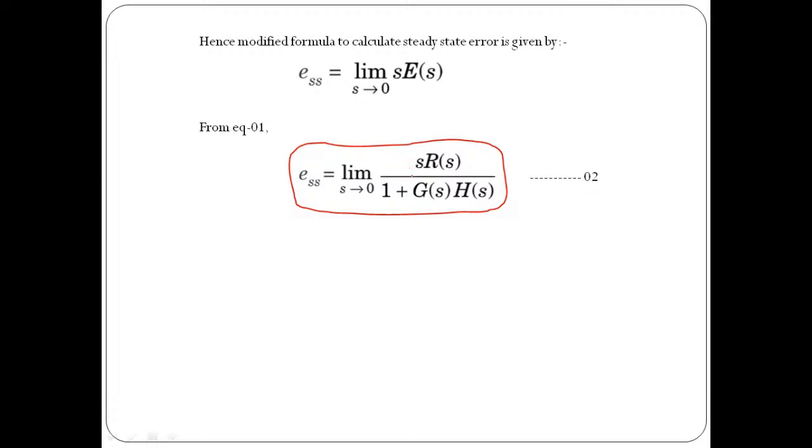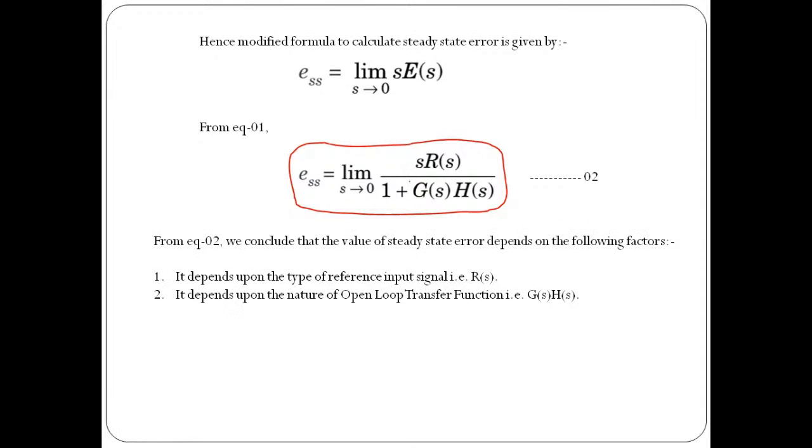And from equation number 2 it is very clear that the value of steady state error depends on the following factors. Number 1, it depends upon the type of reference input signal, that means R of s. Because I told you that R of s indicates the Laplace transform of input.